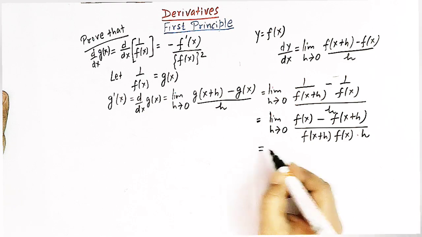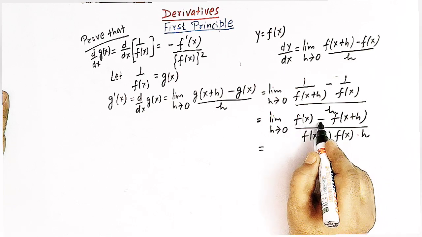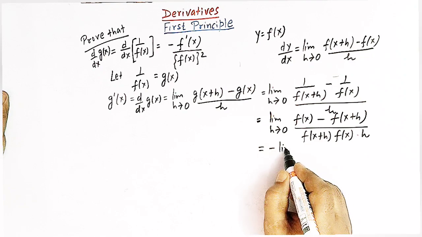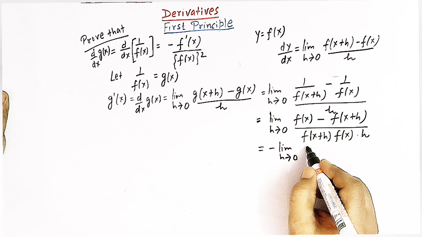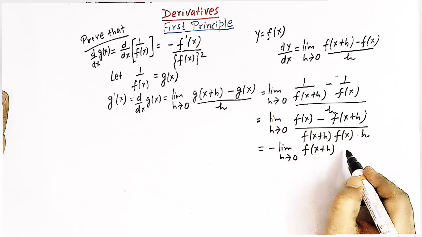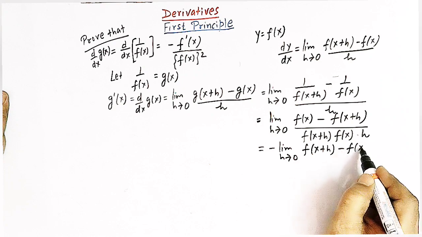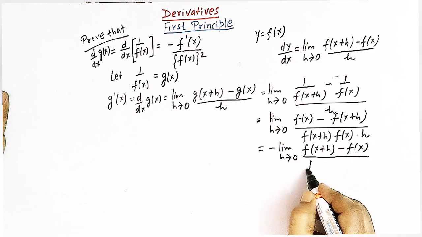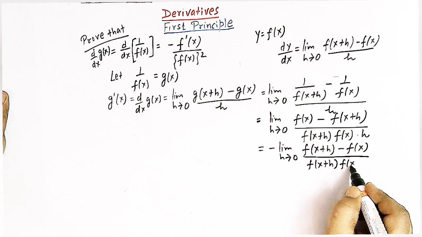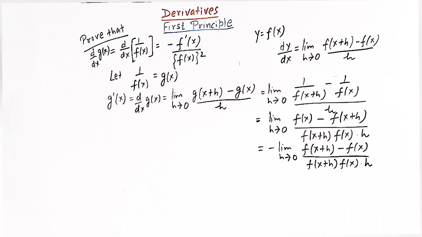Now taking a negative sign common here, we can write minus limit h tends to 0, and now we can take f of x plus h minus f of x divided by f of x plus h, f of x, and h.